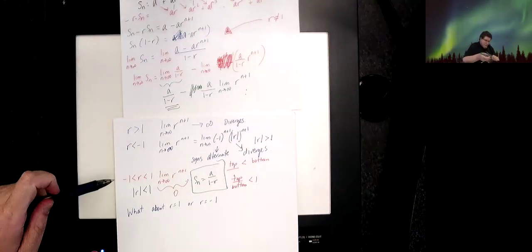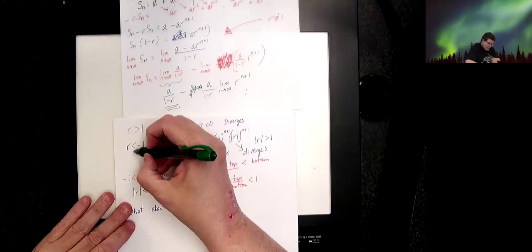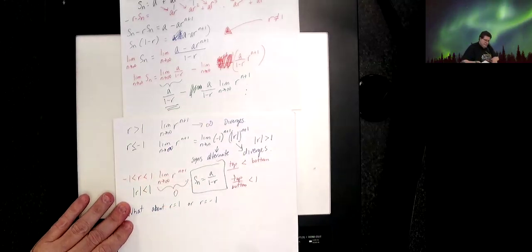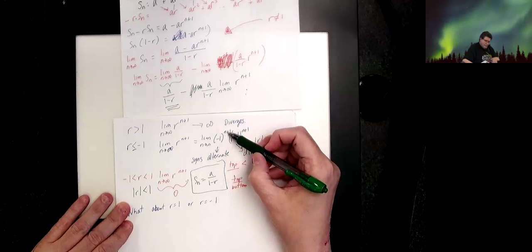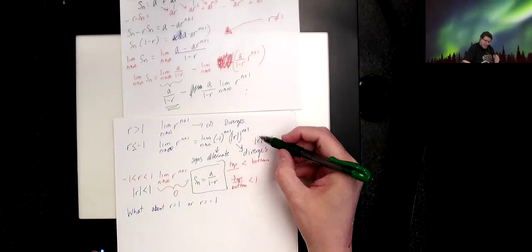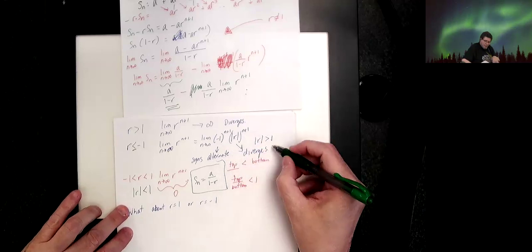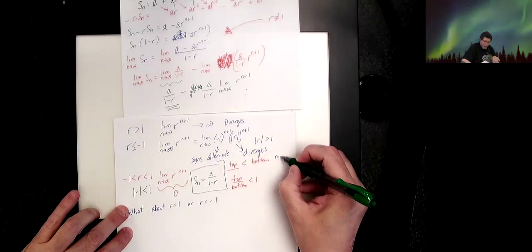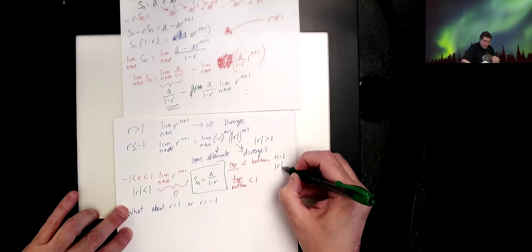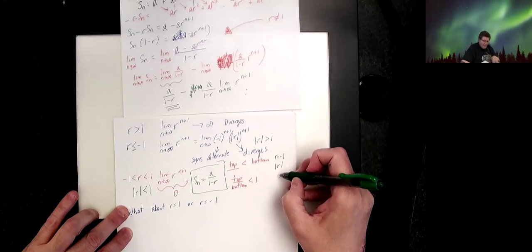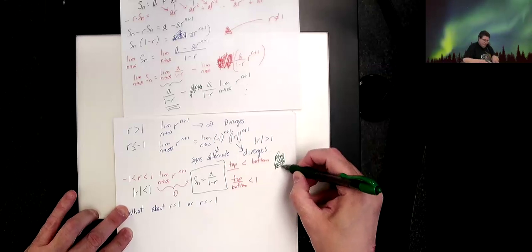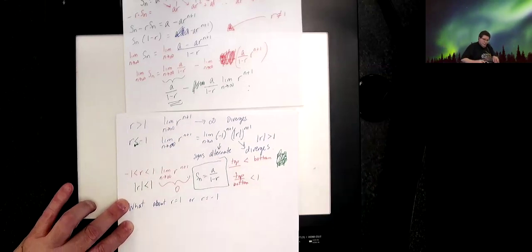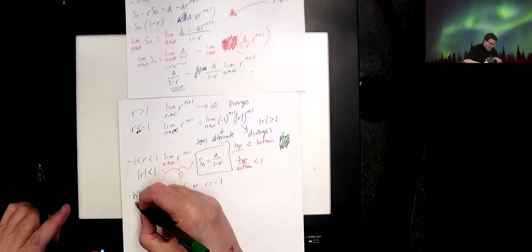We can do -1 here. I can do -1 there. Does that change anything? It's still going to alternate. Let's look at r equals 1 in particular, going back to S sub n.